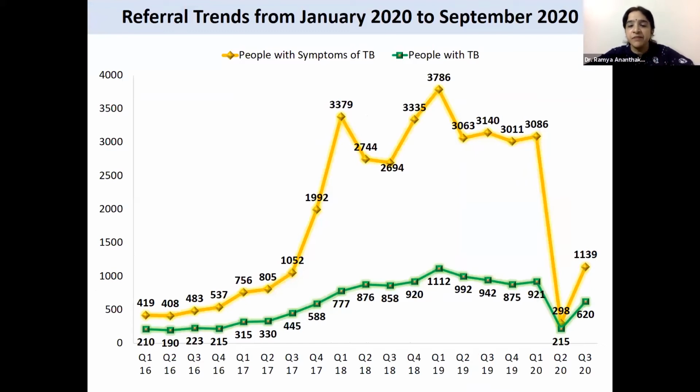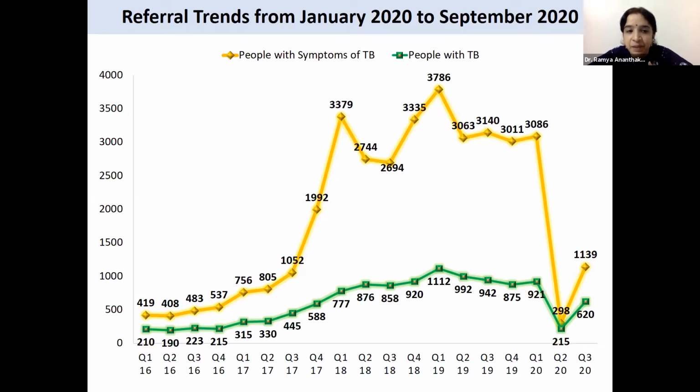So this is just to give you the impact that it had, because this is our denominator, because the entire initiative was focusing on how we could use TB as an entry point for screening for diabetes and hypertension. So our denominator pretty much depends on the number of people who came with symptoms of TB. And as you can see, this trend gives you the numbers in the last 4 years.